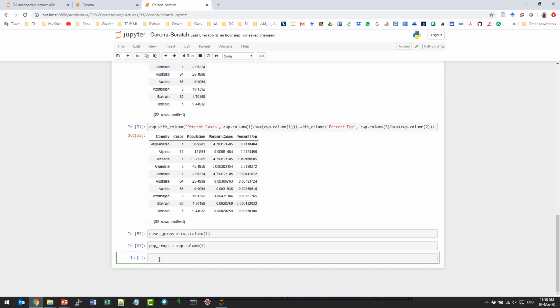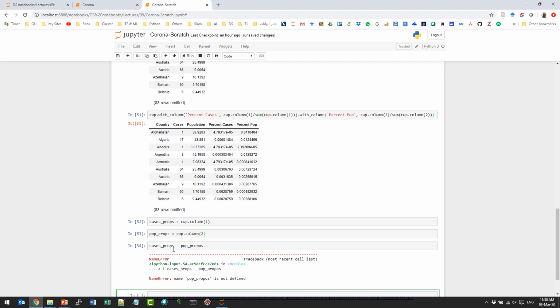Now if I take the difference, cases proportions minus population proportions, something is wrong here.